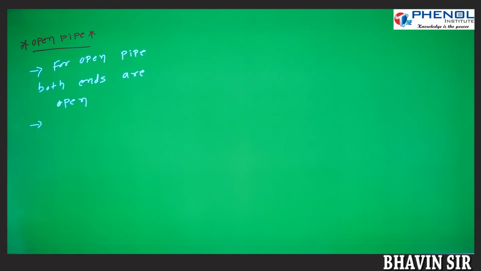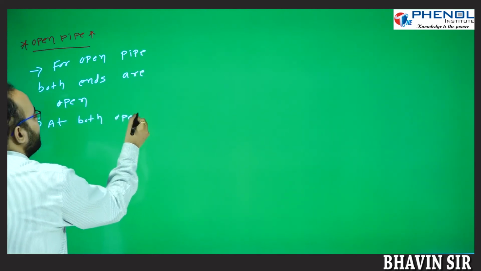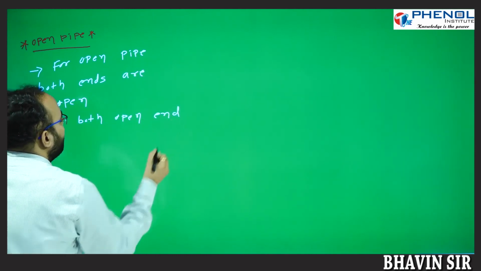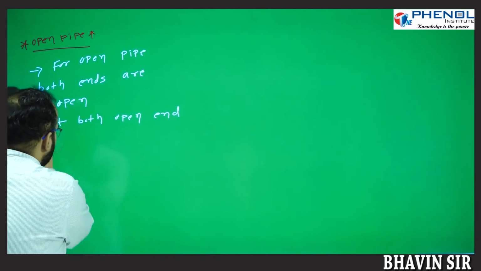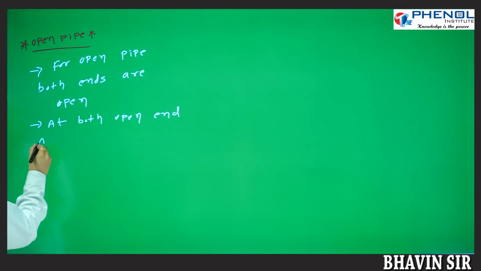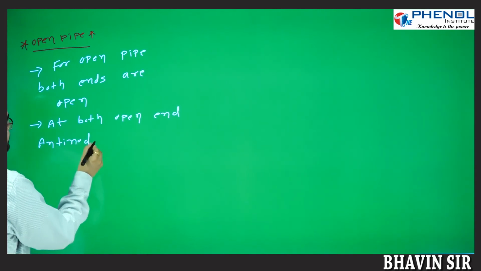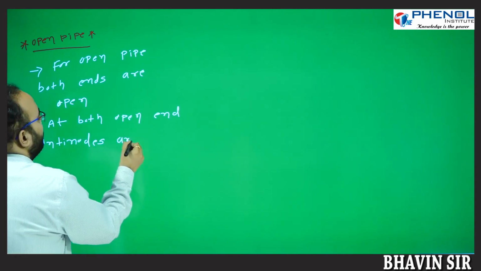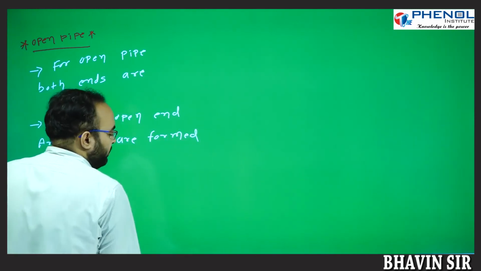For open pipe, both ends are open, and at both open ends, antinodes are formed.